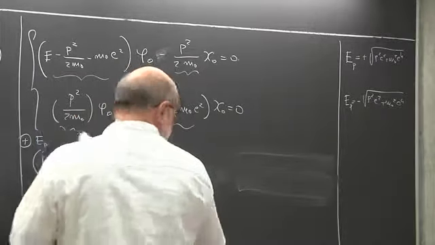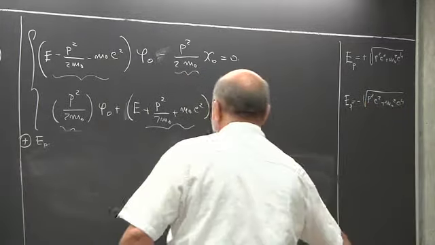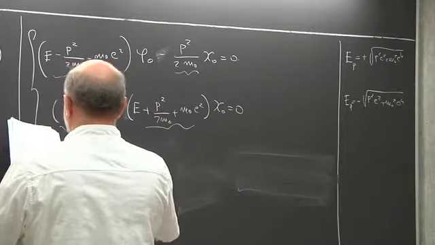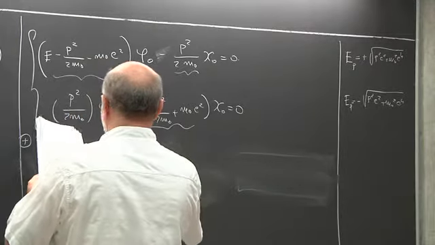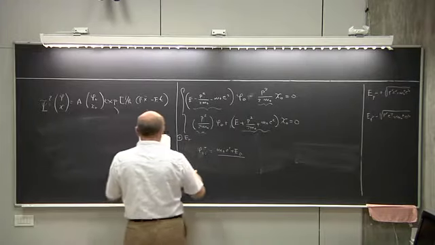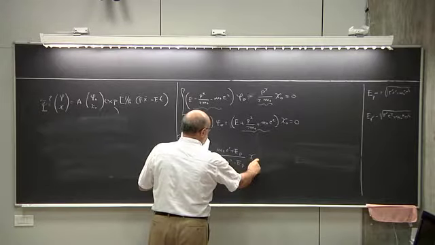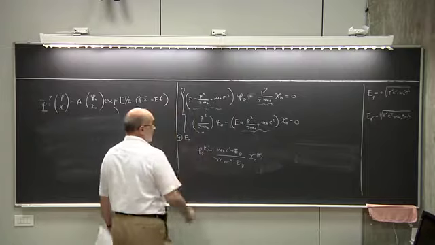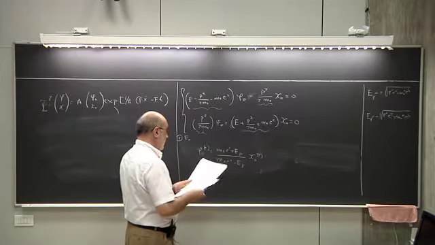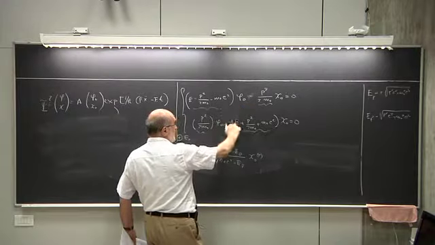As the equations are dependent, we get a relation between phi 0 plus and chi 0 plus, the components of the eigenvector corresponding to the positive energy. There is freedom, because there are two equations but only one is independent of the other.